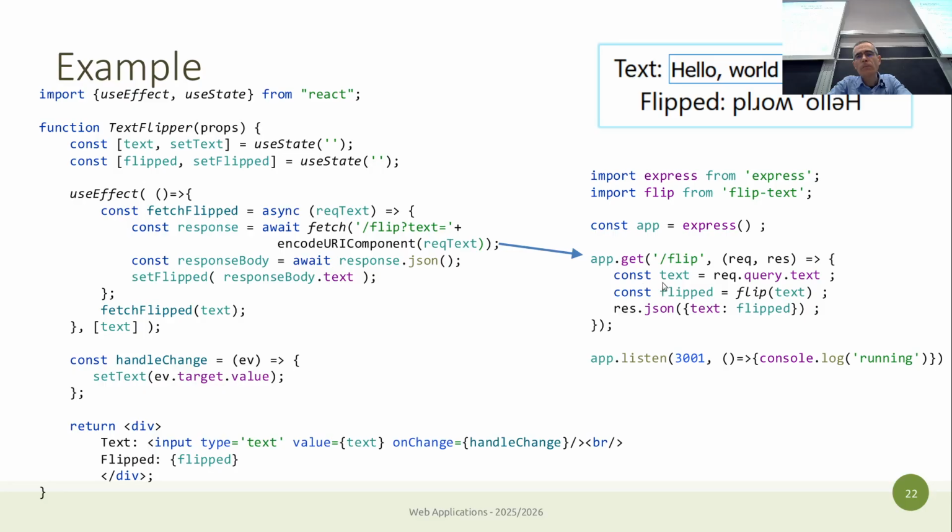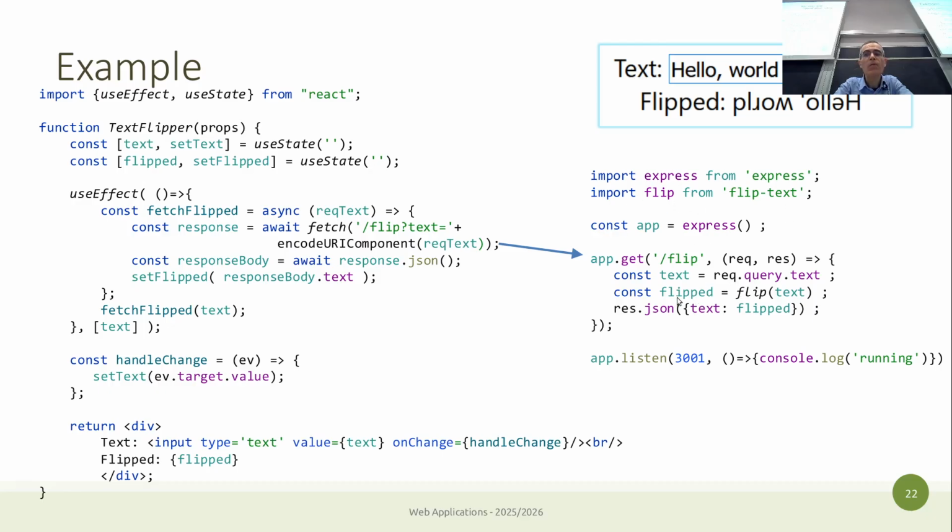And if this was a body, I could have done it with a POST, with a body and so on. This would not have been necessary, okay? It would have been converted by JSON.stringify and so on. But just to keep the thing simple, since the answer only depends on one single parameter, it's fine to pass it like this. And so we get the text, we pass it to this library flip.